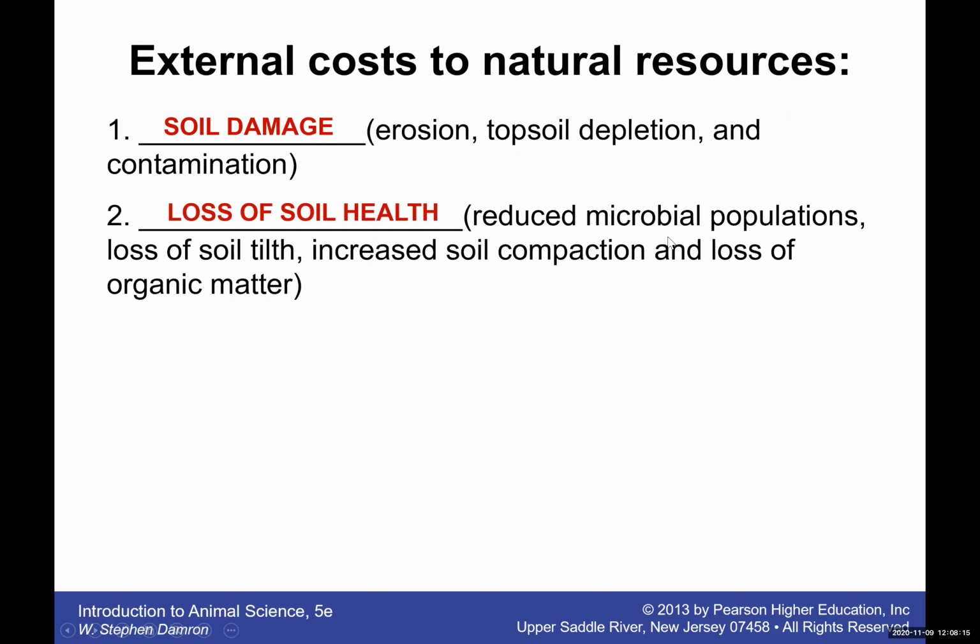In the soil, to break down various sources of organic matter, and for the soil to be healthy, it has a microbial population. We talk about the microbes in the room, and well, there's microbes in the soil as well.